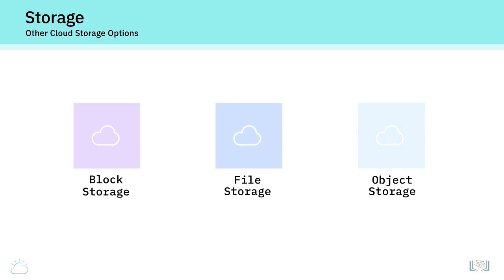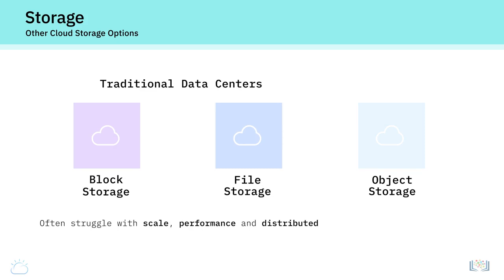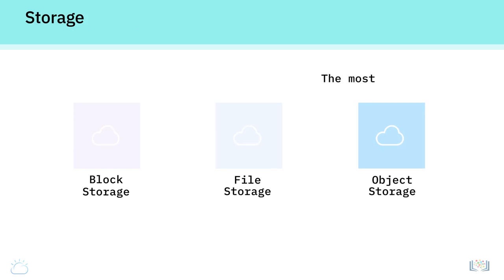Block and file storage modes are commonly used in traditional data centers, but often struggle with scale, performance, and distributed characteristics of cloud. Object storage is the most common mode of storage in the cloud, as it's both highly distributed and resilient. We will examine object storage and the other storage options in more detail in later videos.